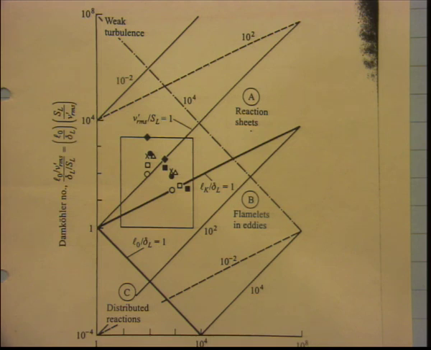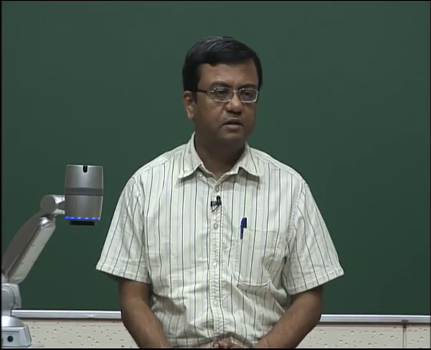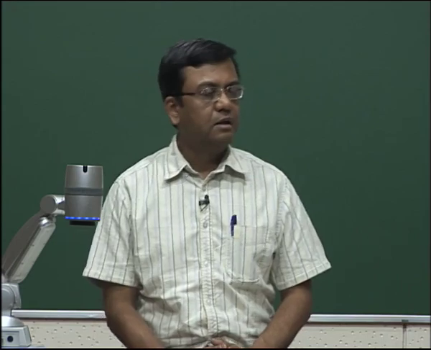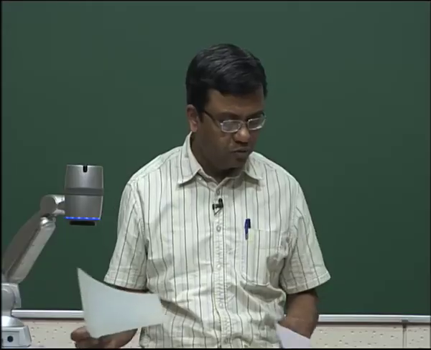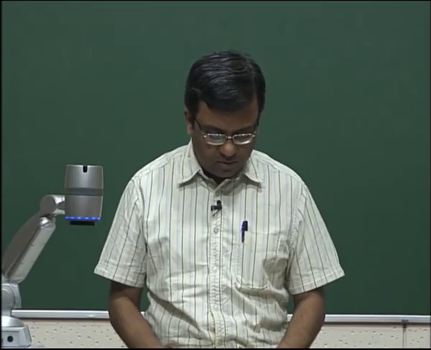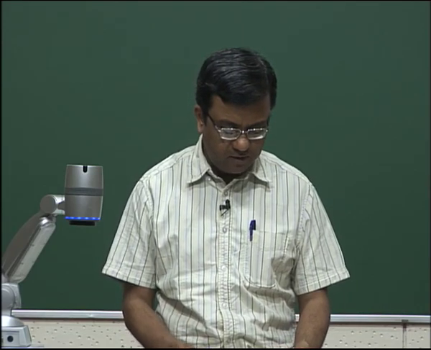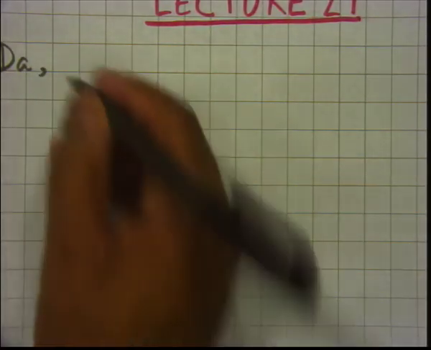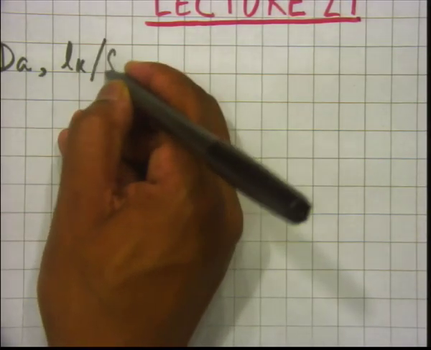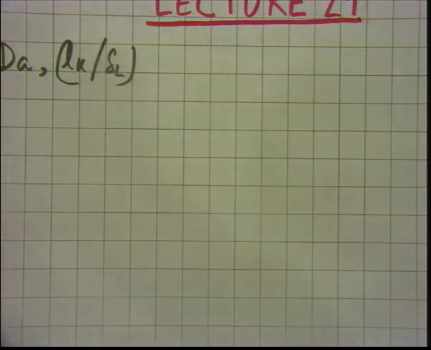This is example 12.2. We will not go through the whole example because that book is with you and you can see the example in detail, but just to have an idea of what kind of numbers we might get for various quantities, like the turbulence intensity, the chemical time scale, the flow time scale, etc. The example says estimate the Damkohler number and the ratio of the Kolmogorov length scale to the laminar flame thickness, that means LK by delta L, for conditions prevailing in the combustor of a utility class gas turbine engine.